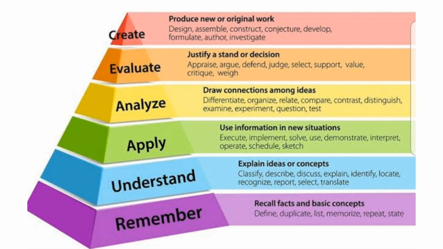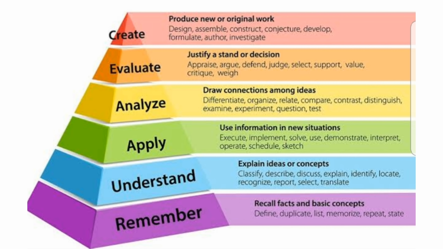Pangatlo, dun sa prerequisite skill ay yung apply. Sa tapat ng apply, merong words na execute, implement, solve, use, demonstrate, interpret, operate, schedule, and sketch. So this is the next prerequisite skill na gagawan ng learning objective.